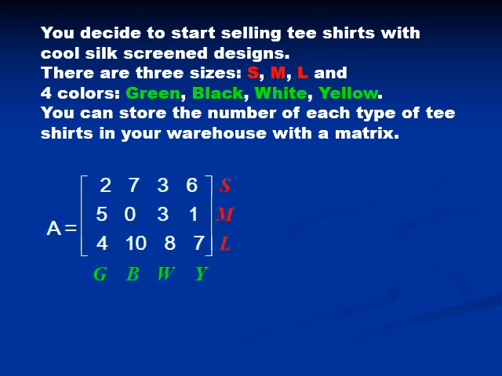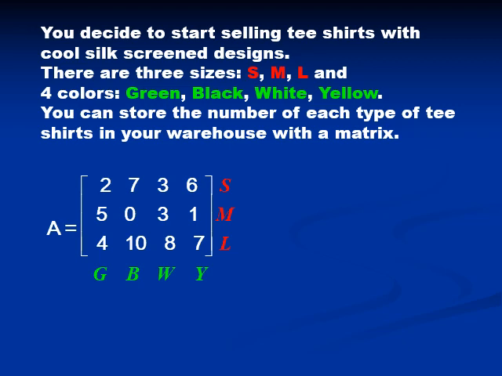The first row represents all your small t-shirts in the 4 different colors. The middle row is the number of medium t-shirts, and the last row would be the number of large t-shirts in all 4 colors.